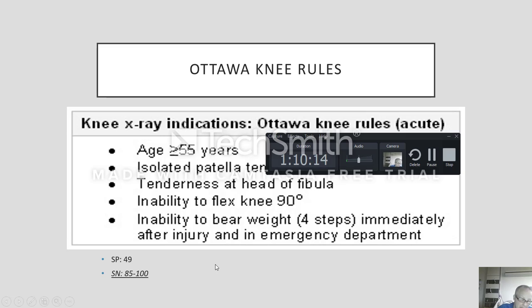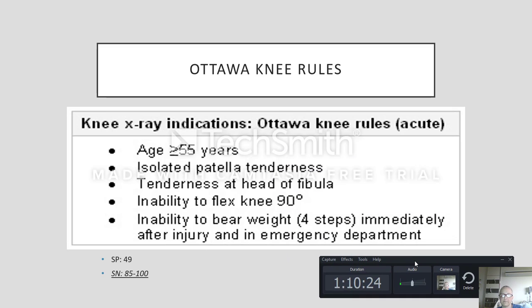Interesting. Alrighty then. Ottawa knee rules. Okay, so there was no way for me to make this look better because it was a cut and paste on the instructor's side. Ottawa knee rules. Well, I could have made that one look better. Knee x-ray indications. Ottawa knee rules. Age greater than 55. Isolated patella tenderness.